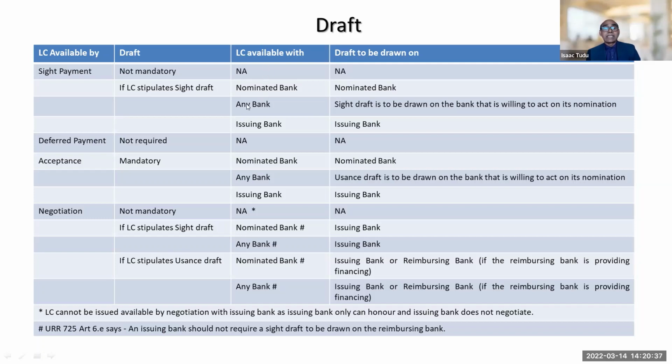In case LC is available with any bank, the sight draft is to be drawn on the bank that is willing to act on its nomination. If LC is available with issuing bank, in that case, this sight draft is to be drawn on the issuing bank. In case of LC available by deferred payment, a draft is not required. In case of LC available by acceptance, a draft is mandatory.